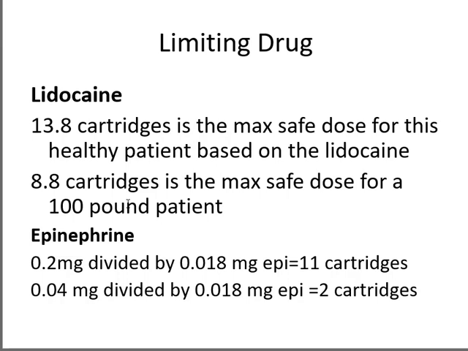If it's a cardiovascular patient, the epinephrine will always be the limiting drug at 2 cartridges. So for a cardiovascular patient, epinephrine is almost always the limiting drug. Otherwise, you'll just have to look and say, okay, I can have 11 cartridges based on epinephrine and 8.8 based on the weight-based MRD for lidocaine. They can have 8.8. All right, so that's the math.